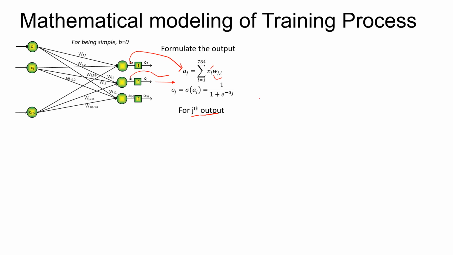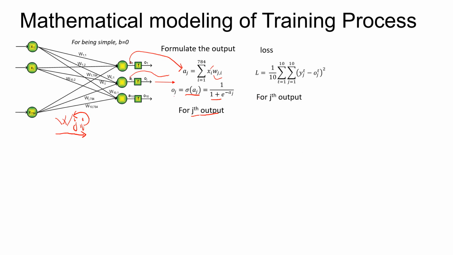Keep in mind that we denote Wji as the synaptic weight for input i connecting to neuron j. We use this notation throughout this class. Then we pass the value to the sigma function, which we use as the activation function.